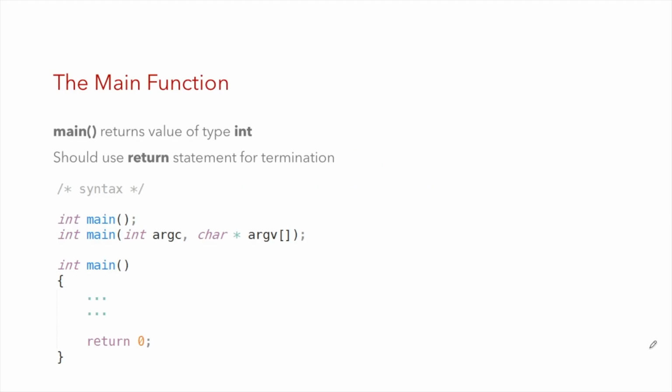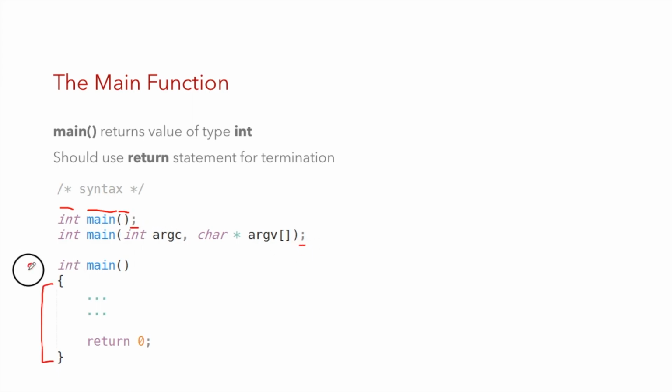So the main function is the most important function when you write your C++ programs. This is the first function that is called by the compiler. So if you check here, there are three ways you can write the main function. One is you write int, the return type for the main function, then main, and then parenthesis. I'm just writing a semicolon over here because we are just talking about the declarations.